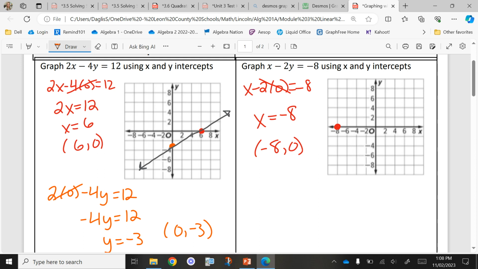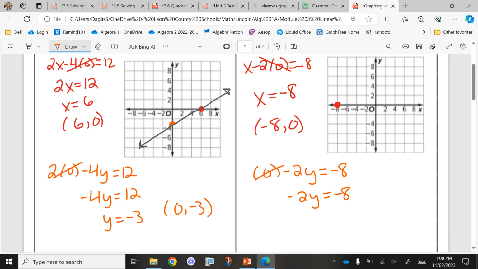So now for my y-intercept, if I want to know what y is equal to, I need to get rid of my x. I get rid of x by making it equal to 0. So 0 minus 2y equals negative 8. So that's gone. So negative 2y equals negative 8. We divide both pieces by negative 2.